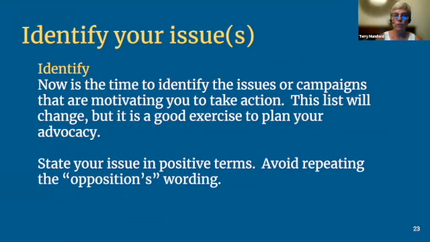The next thing we have you do in the workbook is to identify your issues. This step can be helpful if you're sitting around with some like-minded people who want to get more involved. There's a temptation to be involved in everything, because so many things are coming at us and asking for our attention. What we ask you to do in this part of the workbook is really narrow your focus, which some people think, well, I don't want to narrow my focus, everything needs to change.